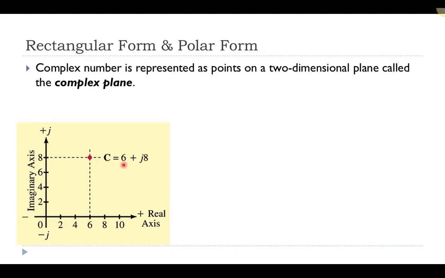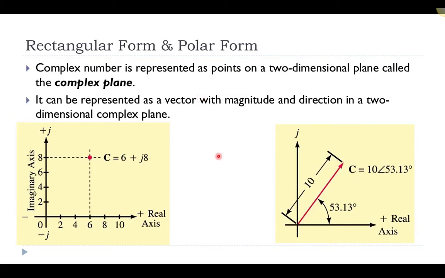the complex number, where the components of the complex number, the real and the imaginary pieces, are separated from one another. We could also represent this as a vector with magnitude and direction in this two-dimensional complex plane, and we call this the polar form.